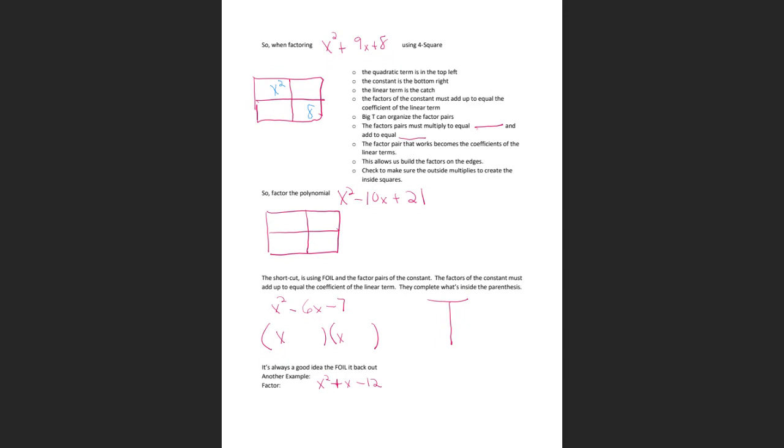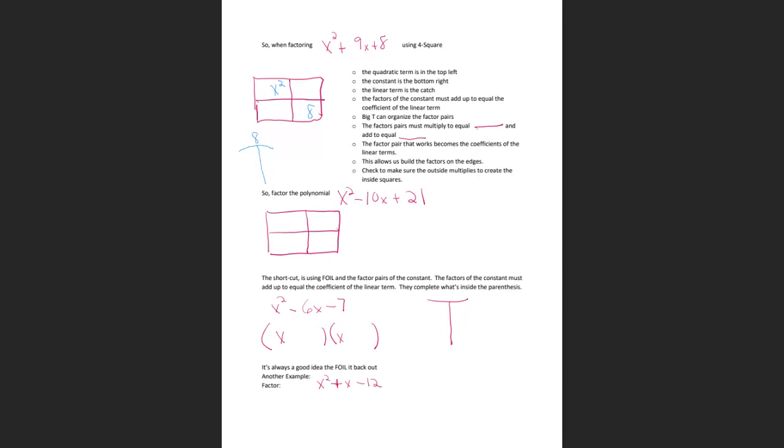What happens is the factors of the constant, which is this 8, must add up to equal the coefficient of the linear term, which is this 9. So in using four square, we also can use big T. And here I'm going to use what we call factor pairs. So I have this 8 here.